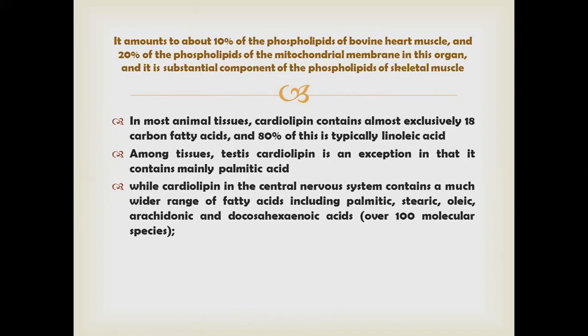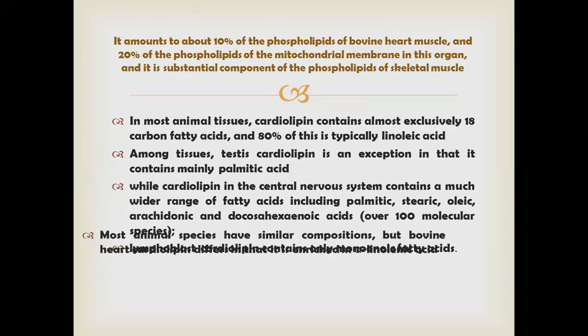In the central nervous system, cardiolipin contains a much wider range of fatty acids that include palmitic, stearic, oleic, arachidonic, and docosahexaenoic acid. जो कार्डियोलिपिन मौजूद होता है सेंट्रल नर्वस सिस्टम में, that has multiple varieties of fatty acids, जिसमें palmitic भी आ जाता है, stearic है, oleic है, arachidonic है and docosahexaenoic acid है. लिम्फोब्लास्ट में जो कार्डियोलिपिन है that contains only monoenoic fatty acids.